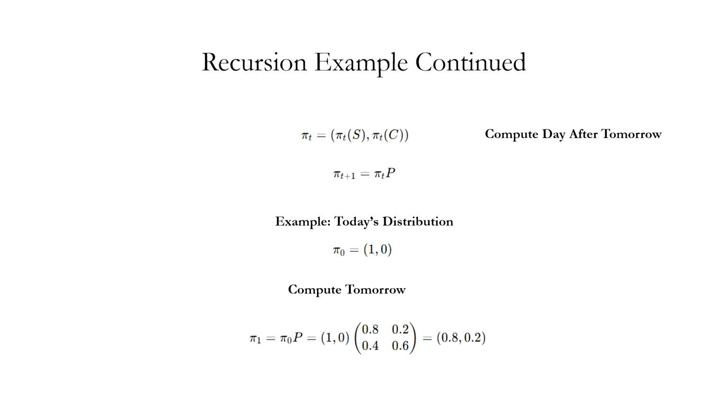To compute the day after tomorrow, we do the following: we take 0.8, 0.2, what we found as pi 1, multiply that by the transition matrix, and we get 0.72 and 0.28.